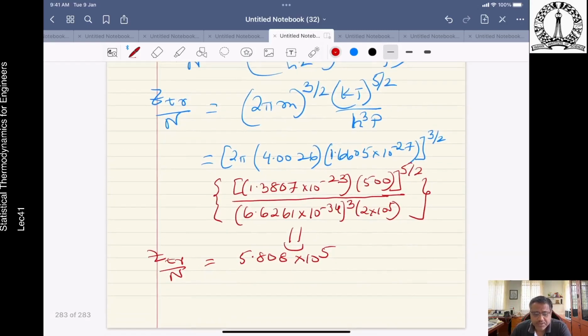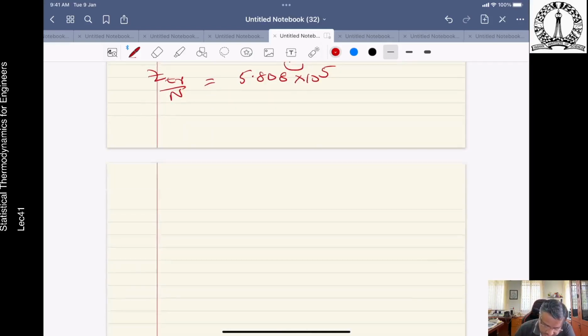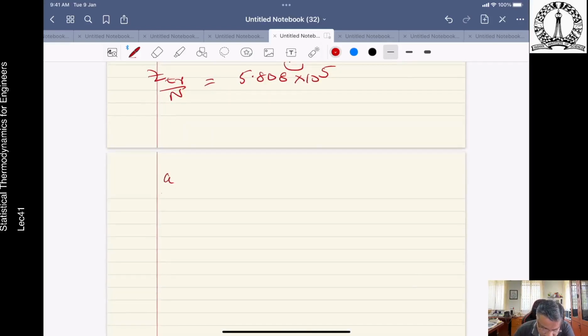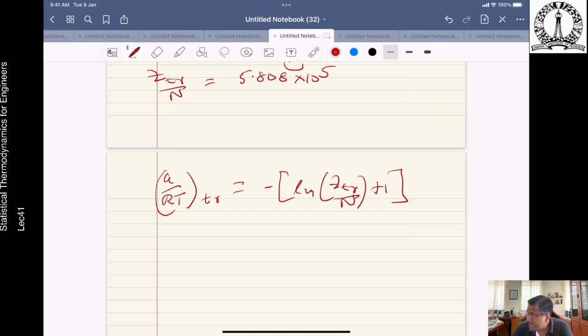Let us substitute this in the expression. A translation is equal to minus RT, again we write it as ln Z_TR by N plus 1. It is equal to minus 13.272 plus 1, which gives you minus 14.272.